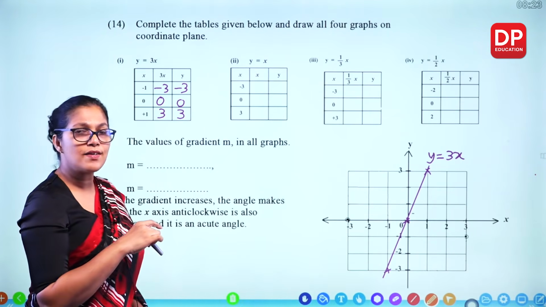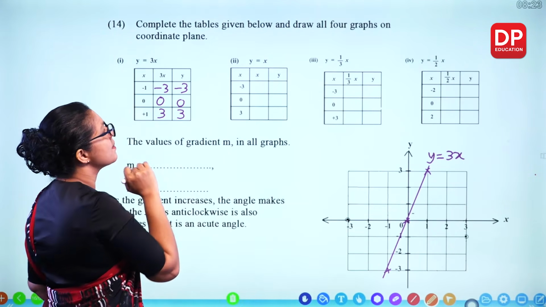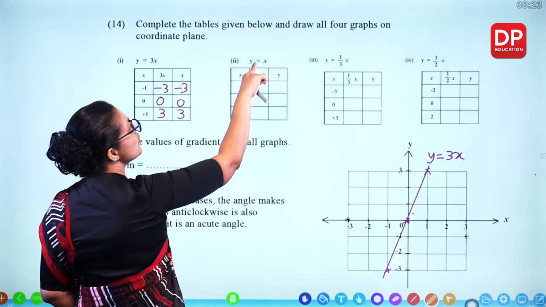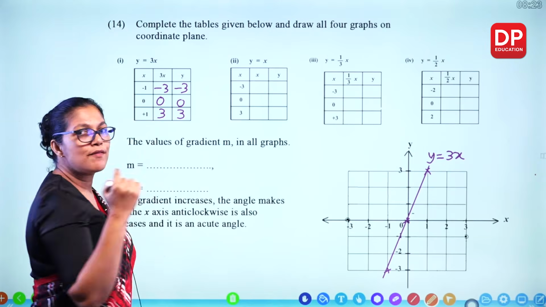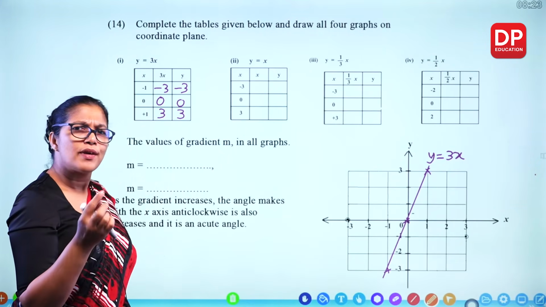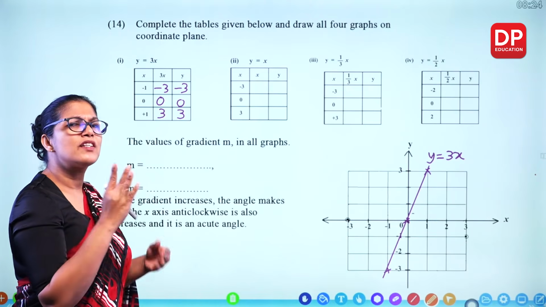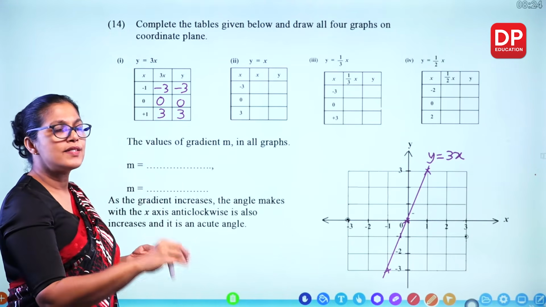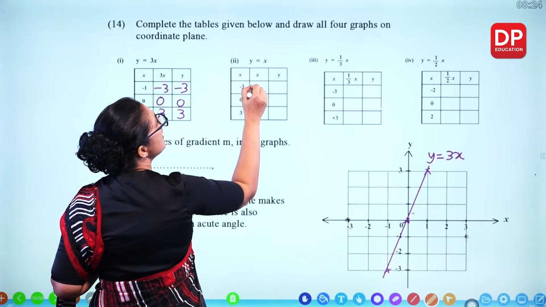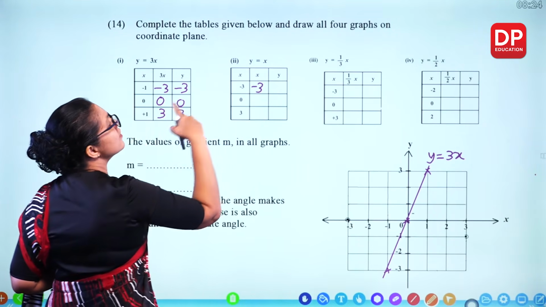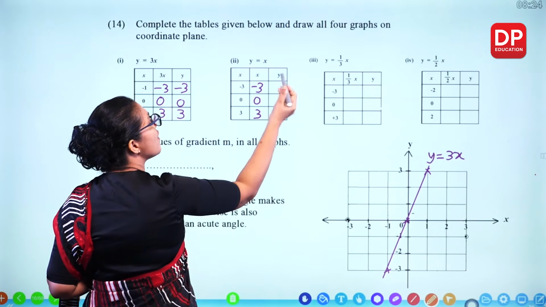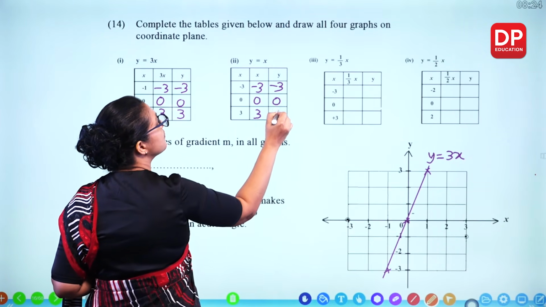Now we'll take the next graph. Y equals x. Substitute x values and find the y value. Here I have taken -3, 0, 3. You can take any 3 values. It's better to take a minus value, 0 and a positive value. So x is -3, and y is also -3. 0, 3 and y is also the same.